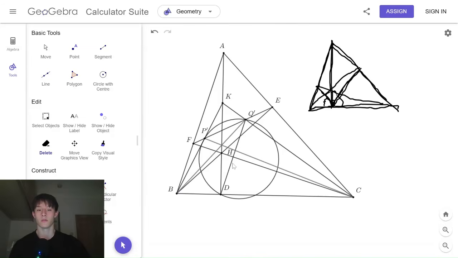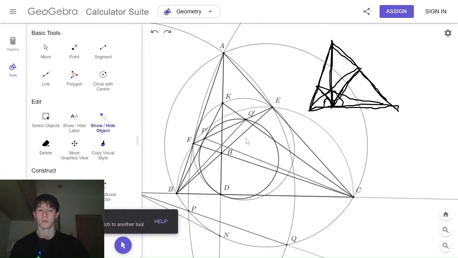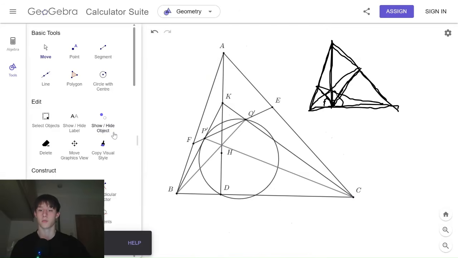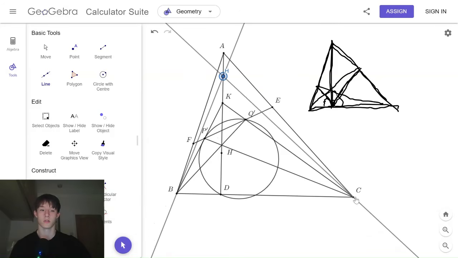So now we got rid of all of this. The other thing is that I do believe this claim should work for any point on the height.